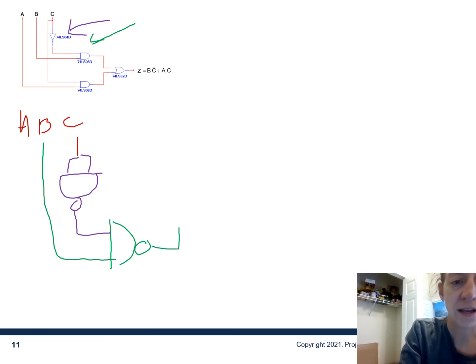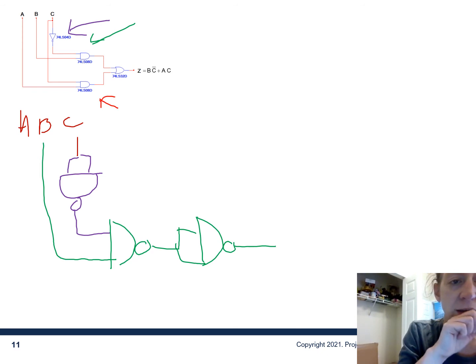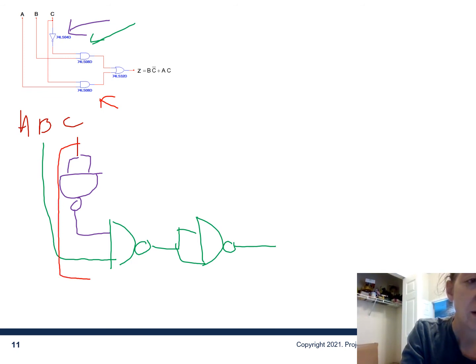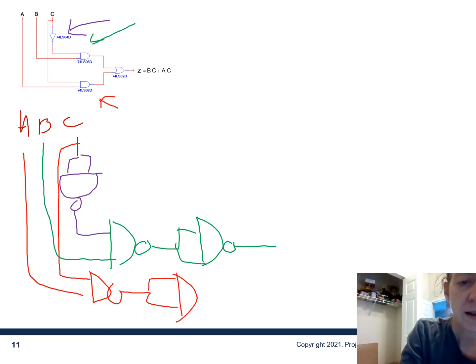And then we're going to take the output from that and negate it again. And then we'll use red and we'll do this one. And this is going to be C and A. So right there and right there. And we're going to NAND those and then split the output and NAND the output.